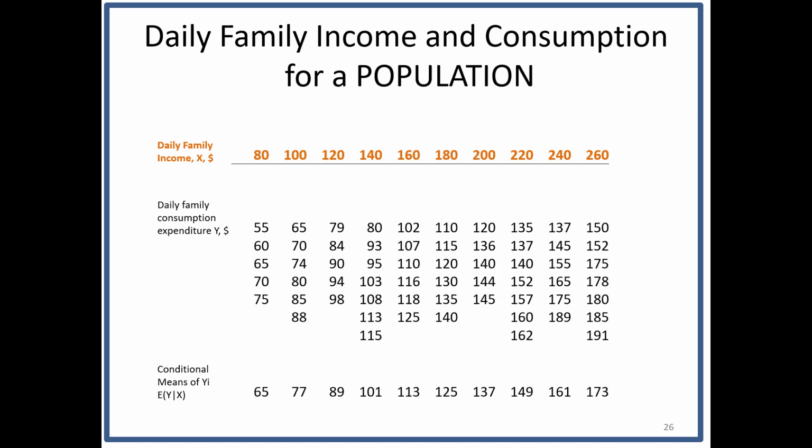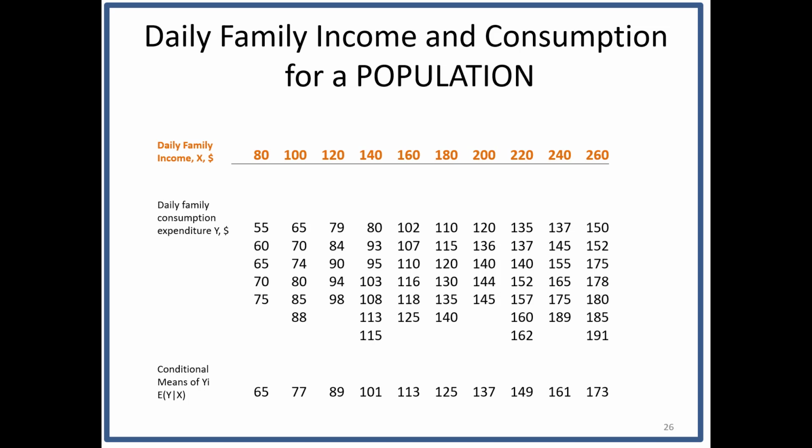Those are in orange at the top. And then given x, we have daily family consumption going down. So those are our random variable y, or our family consumption given family income. For example, at income of $80 per day, we have 5 observations.